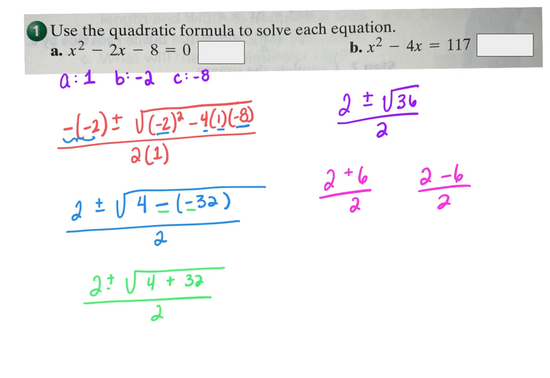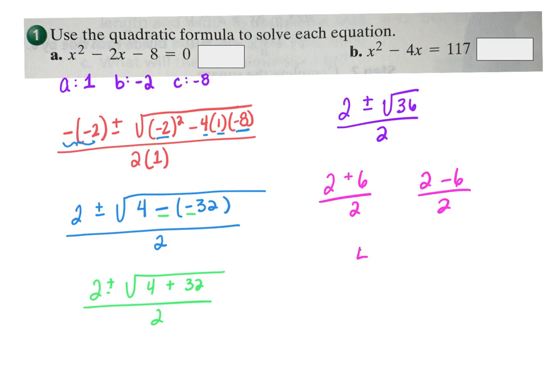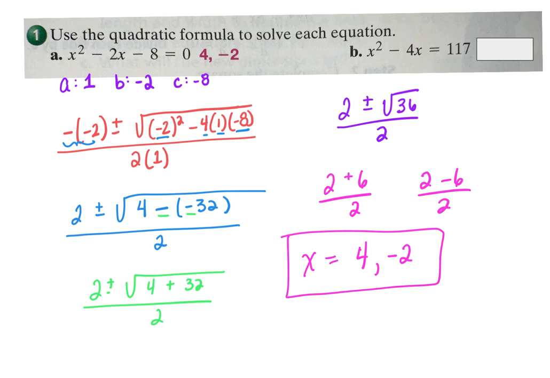All right, so 2 plus 6 over 2 gives me what? 8 over 2, which is 4. 2 minus 6 over 2 gives me what? 2 minus 6 is -4 over 2, which is -2. So x equals 4 and -2 for that one, which is the answer you get.